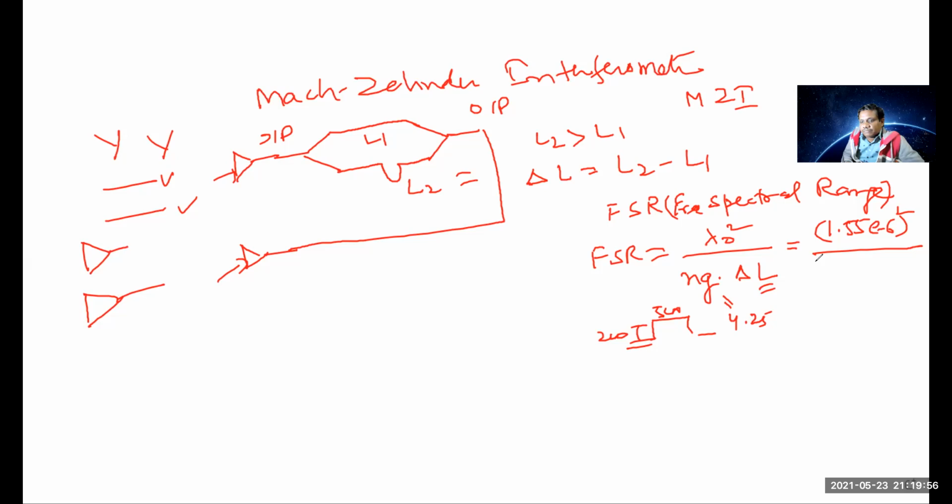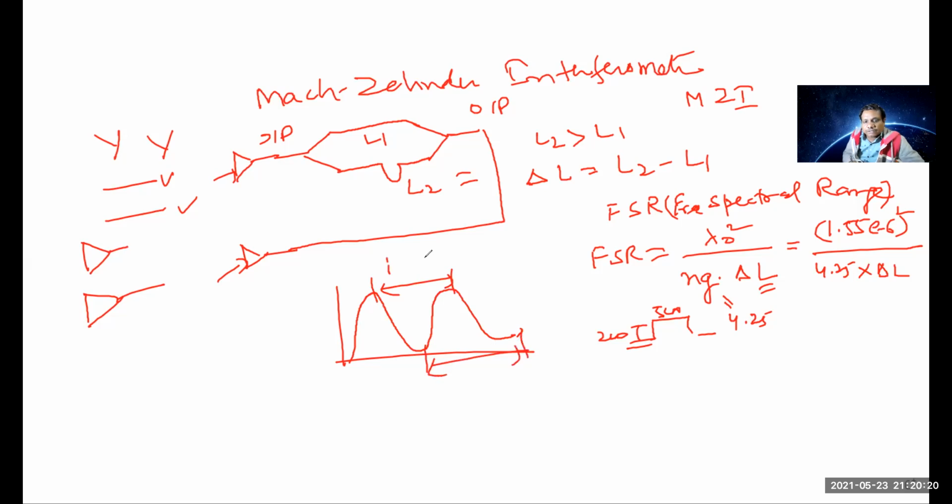So that shall be 4.25 multiplied by this delta L, then we can calculate the FSR. And what is FSR basically? FSR is basically the difference between two peaks. These two peaks may be either constructive interference or destructive interference. So this is FSR, the difference between these two. At what wavelength this constructive or destructive interference repeats itself, that is the FSR.